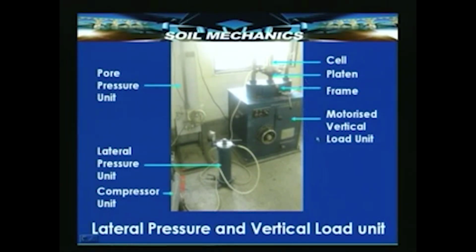So, using the same terminology which we used in one of the earlier photographs, we have here the cell, we have here the platen, we have here the loading frame, and then below the motorized vertical load application unit, and on the left you have a compressor which develops the air pressure that is required to apply the lateral pressure. So, this is the lateral pressure unit, and then lastly we have the pore pressure measuring unit to know the pore pressure at any stage of loading that is developed inside the specimen.